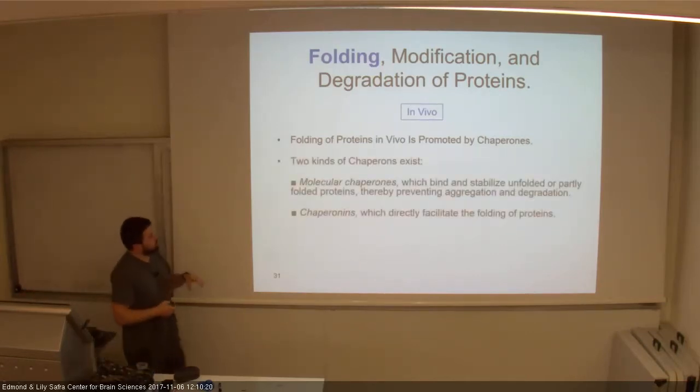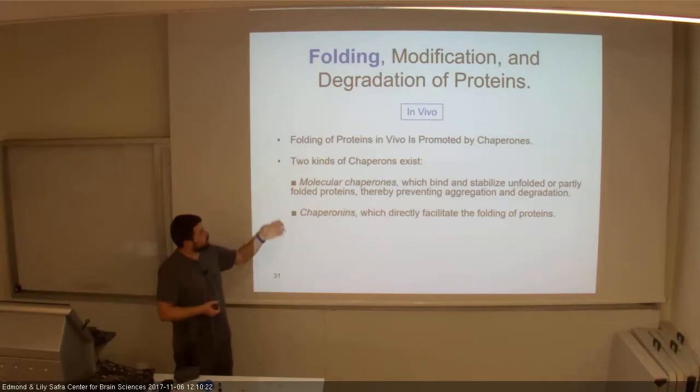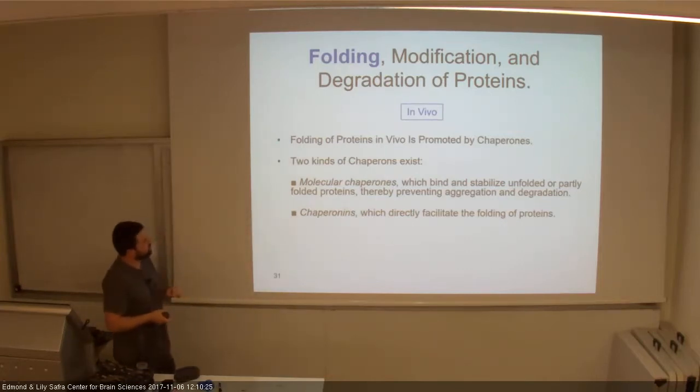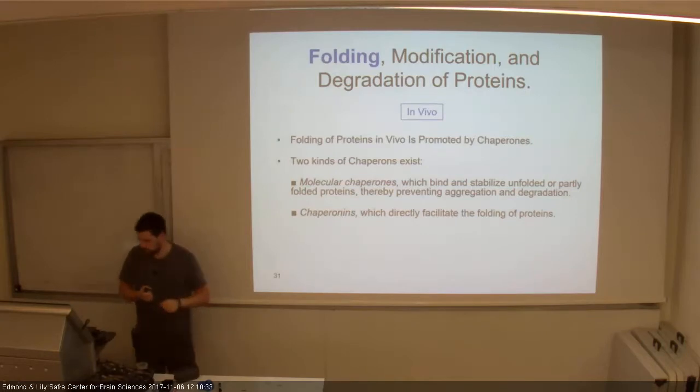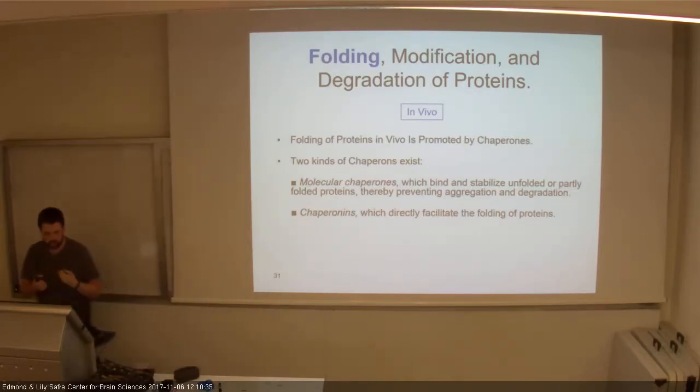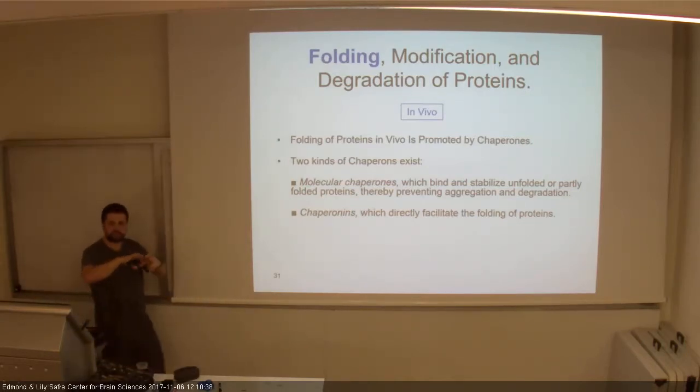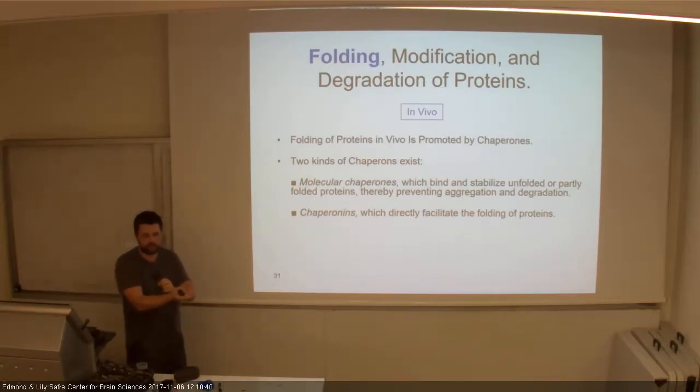So the chaperones, there are two types of chaperone proteins that we'll learn about. One type is what we call molecular chaperones that bind to the protein and stabilize the folding. You really can think about them like chaperones: they escort the protein during the folding, making sure that it's folding properly.